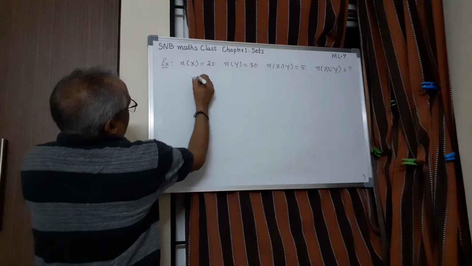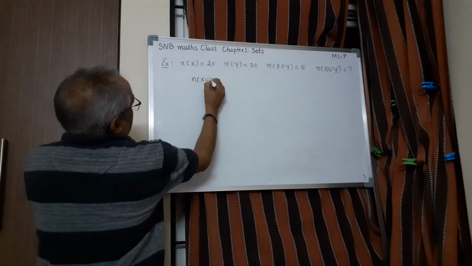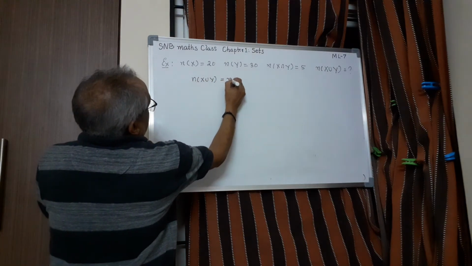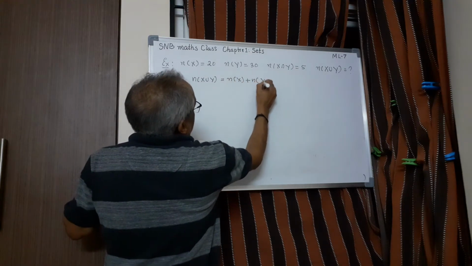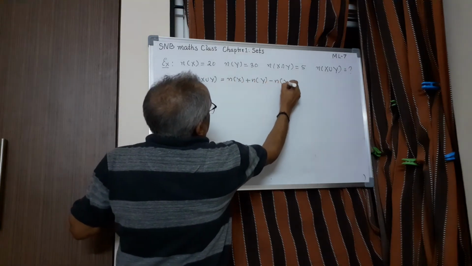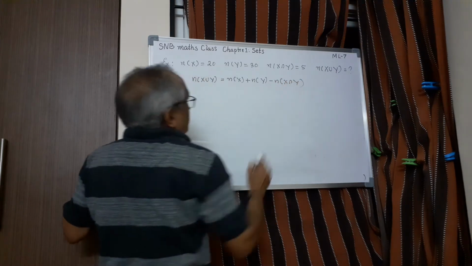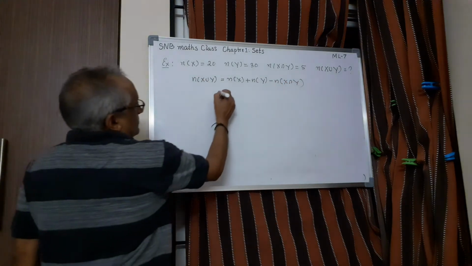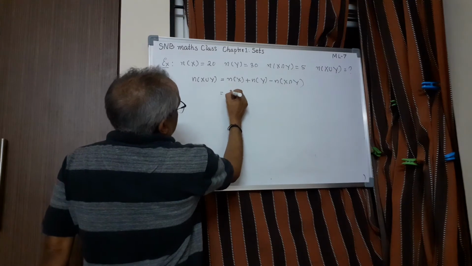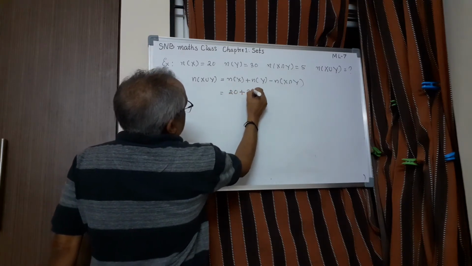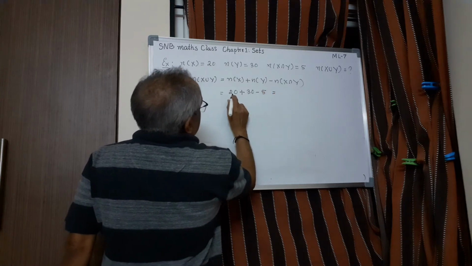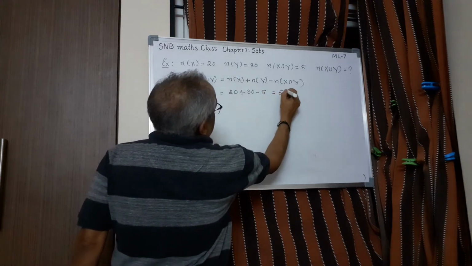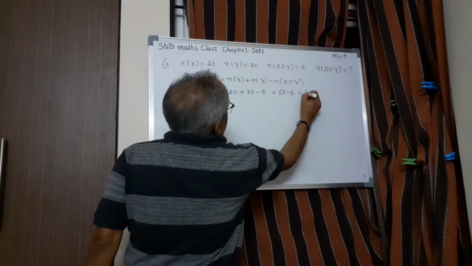We know this formula: the number of x union y equals the number of x plus the number of y minus the number of x intersection y. Substituting, this is 20 plus 30, 50, minus 5, so 45.